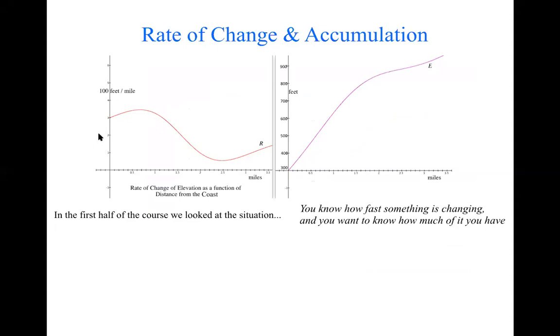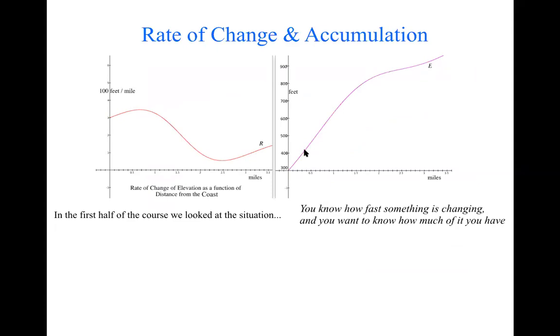So looking at the situation where we know an exact rate of change, what we were able to do at that point in time is use a constant rate of change. Well, this isn't constant, but if I look at small chunks, I can use a constant rate of 3, meaning 300 feet per mile for a little bit, and then maybe 3.2, 4, or 3.5, 3, and so forth, using different rates each for a little bit, and came up with an estimated accumulation based on that.